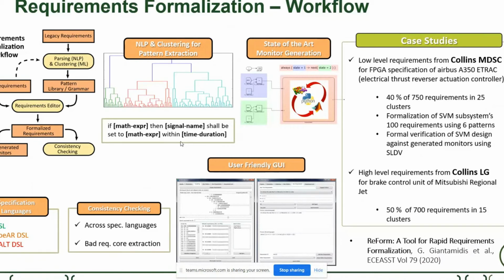But they are, in a sense, more high level than LTL. Imagine that formalizing requirements in these high level languages versus doing it in LTL is like programming in Python or MATLAB versus programming in assembly. So it's much easier for the industrial engineer.